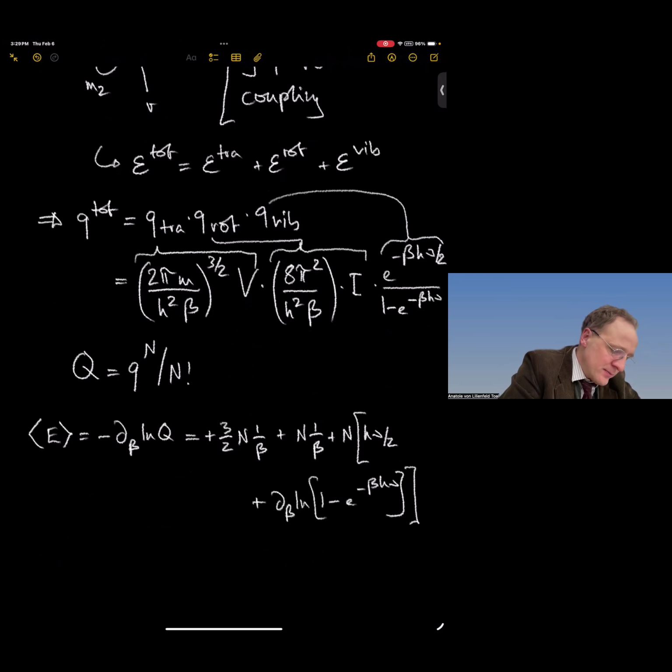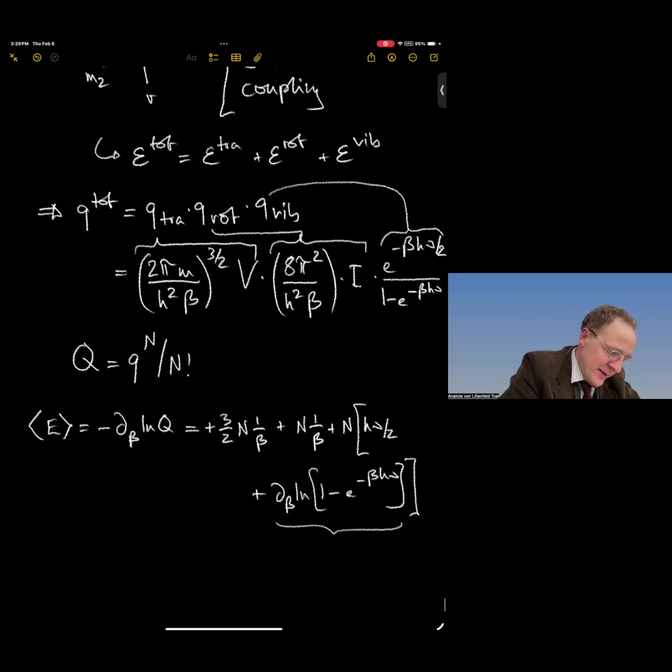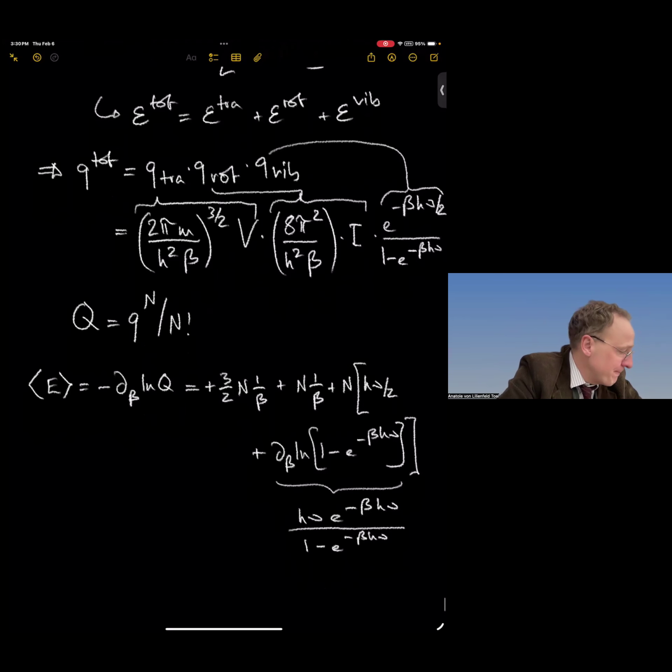And this one is simply, so the derivative of the logarithm of a function is 1 over the function. So I have 1 minus e to the minus beta h nu. And then I still have to differentiate the function. And 1 minus e to the minus beta h nu differentiated gives you h nu e to the minus beta h nu. Okay.